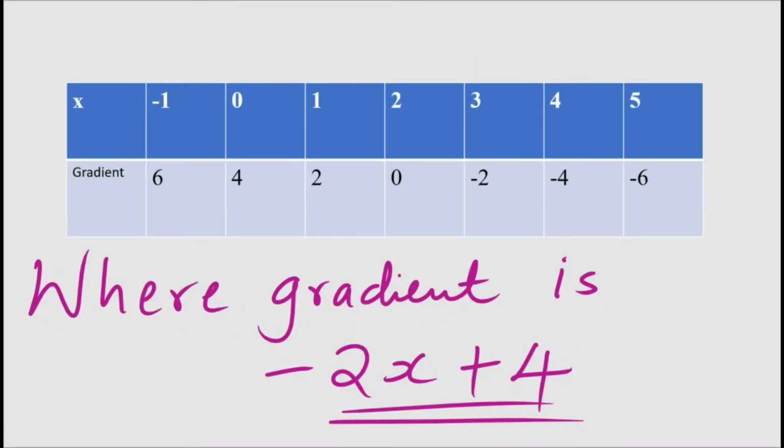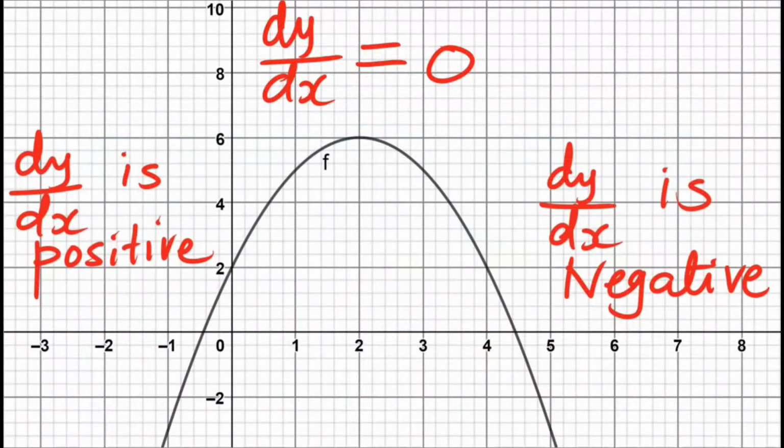So after you draw the graph of that function, this is what you obtain. This is how it looks. And you notice from that table of values that on the left hand side of this curve, the gradient is positive. At this point, the gradient is 0. To the right, the gradient is negative.